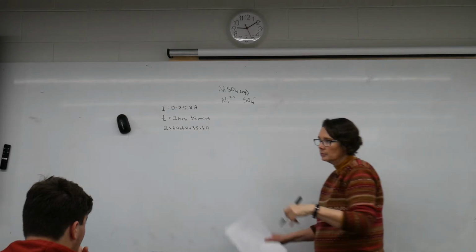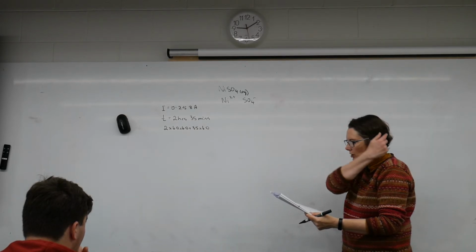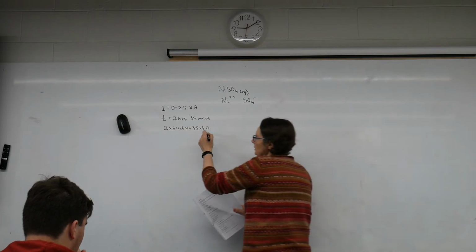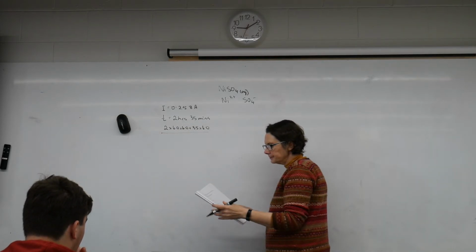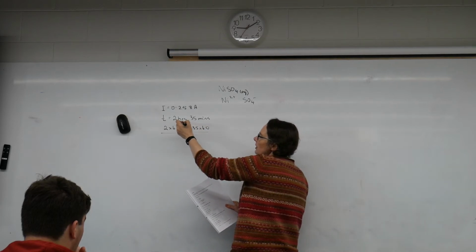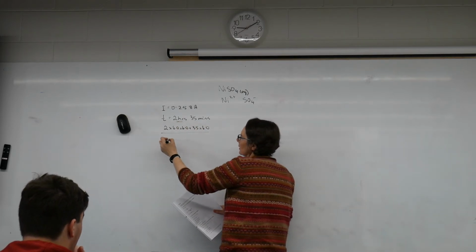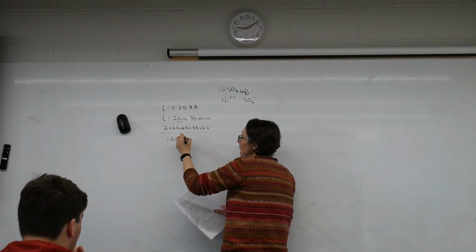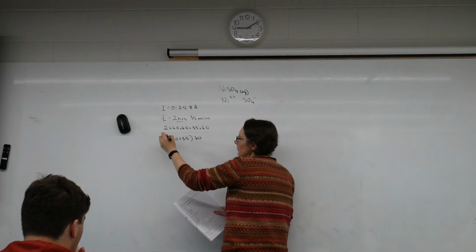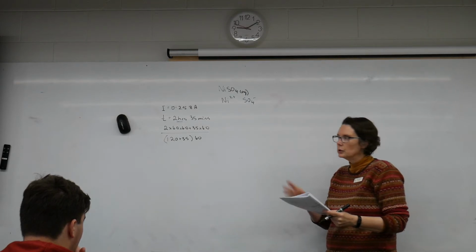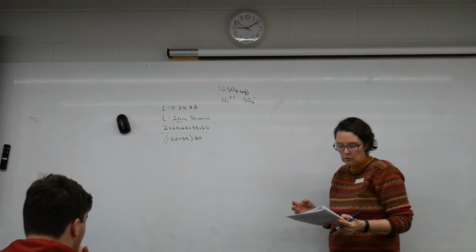Don't waste time with an additional calculation that you don't need to make. The way they've done it in the sample answers is to say, well, I can just change this to minutes. That's going to be 120 plus 35, and then multiply that whole thing by 60. It doesn't matter how you go about it, as long as you remember to convert the time to seconds.